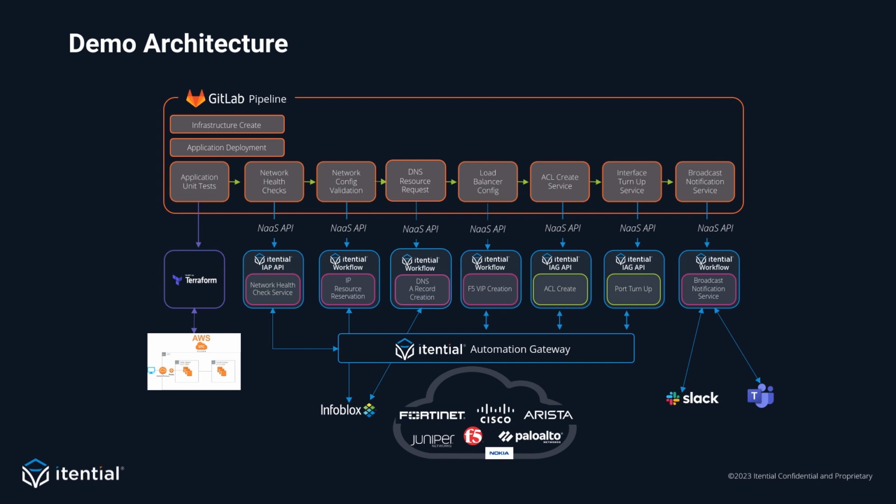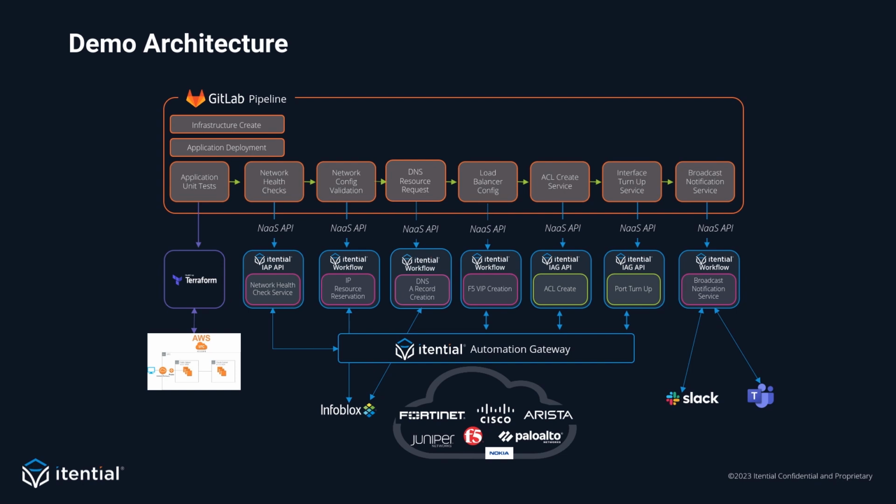Although we're showing an Ansible playbook today, you can easily extend this to scripts or a set of Python scripts that you might have onboarded that are providing specific task-based automation. We'll use Infoblox to reserve an IP address and create a DNS record, an F5 load balancer, as I mentioned, to provision a VIP, and then the data center switch itself. And lastly, we'll send out notifications on completion of the pipeline using MS Teams and Slack.